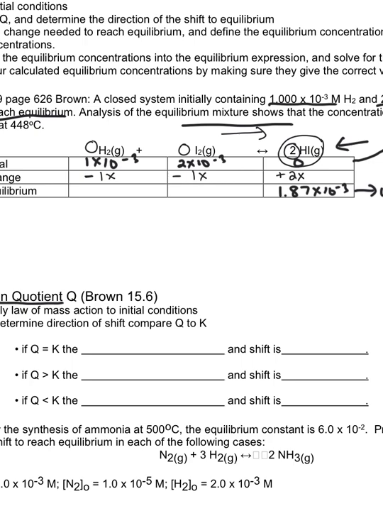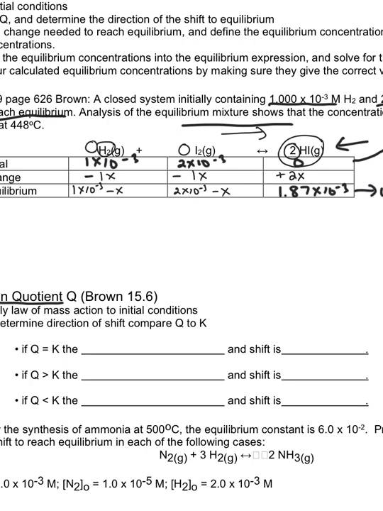Okay? So then the concentration of H2 at equilibrium is going to be 1 times 10 to the negative third minus x, and this is going to be 2 times 10 to the negative third minus x. I'm literally using this ICE table as a way to sort through all of the information given to me in the problem.